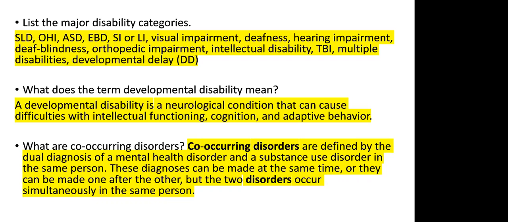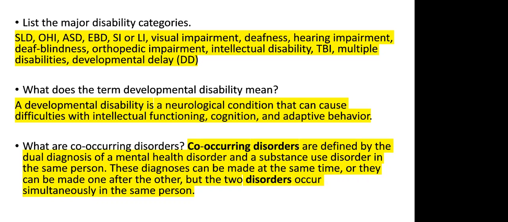And what are co-occurring disorders? Some special education teachers are not that familiar with co-occurring disorders. They understand it once they know the definition, but they may not be calling those disorders that a child has as co-occurring. It just means it's defined by dual diagnosis.